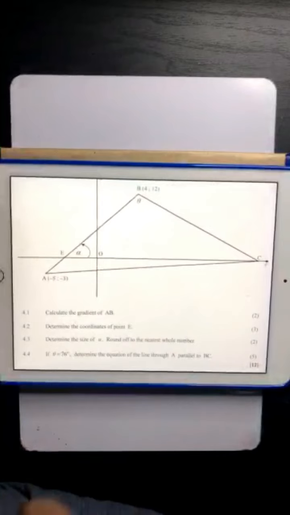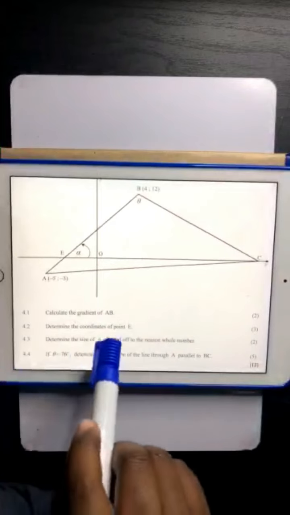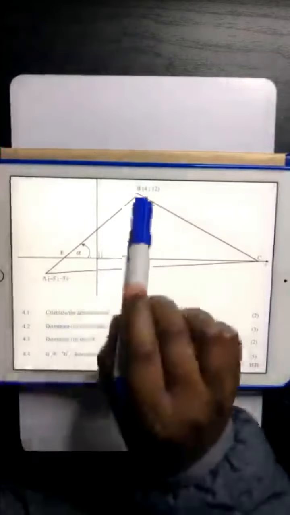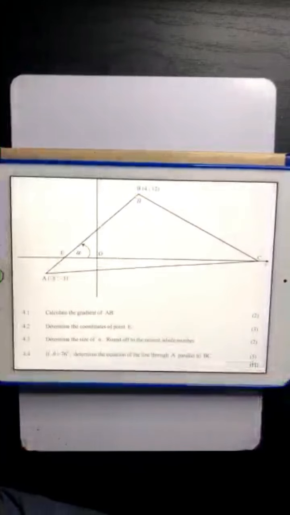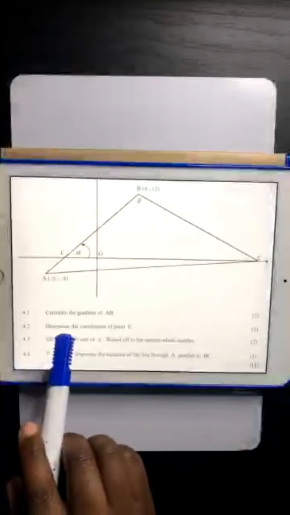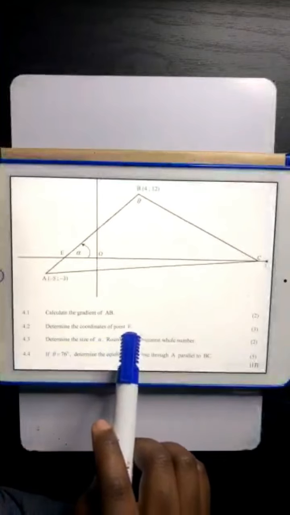As I've said, you must always have two things if you want to calculate either the gradient, the distance, or the midpoint. So do we have 2 points? Yes, we do. There's point A, there's point B. You just substitute into the formula, and that's how you calculate the gradient of AB. Score yourself 2 marks.